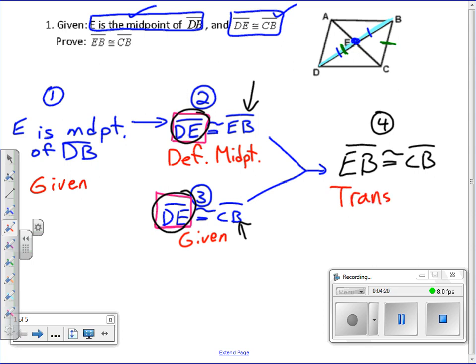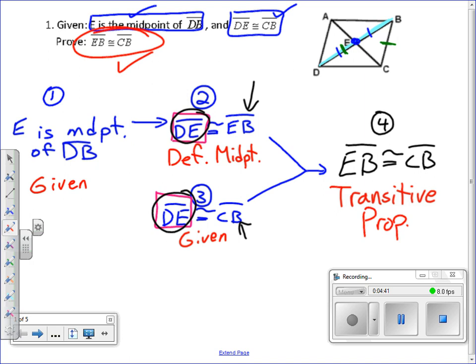That's a new one for us today as well. And that's how you can always use transitive property: you can line them up on top of each other. That way you can draw the arrows connecting so it shows. And if we look, that's what we are actually trying to prove. EB is congruent to CB, so we're finished with the proof.